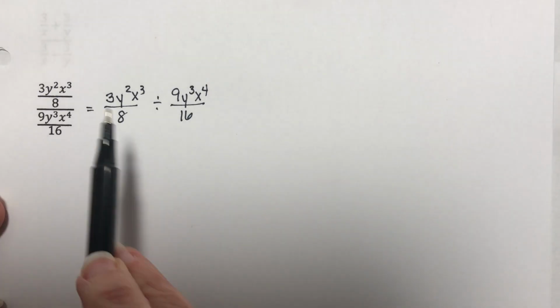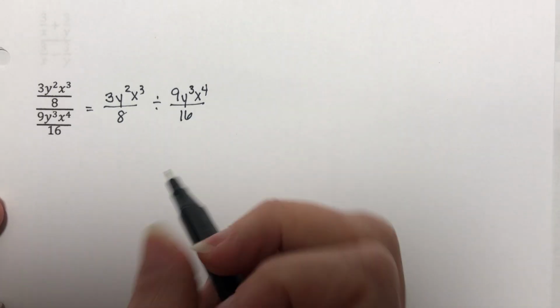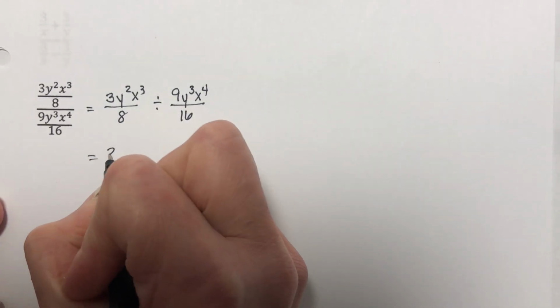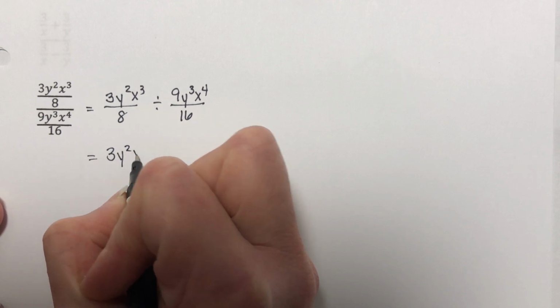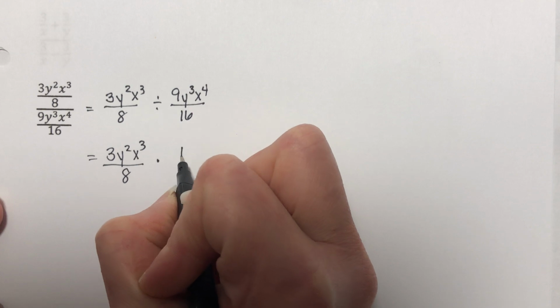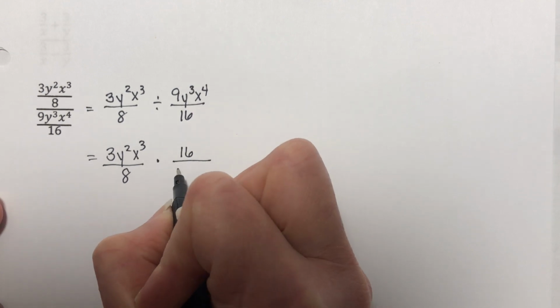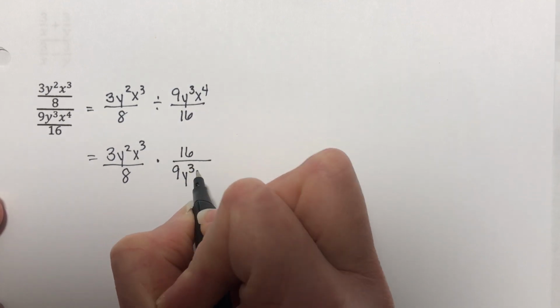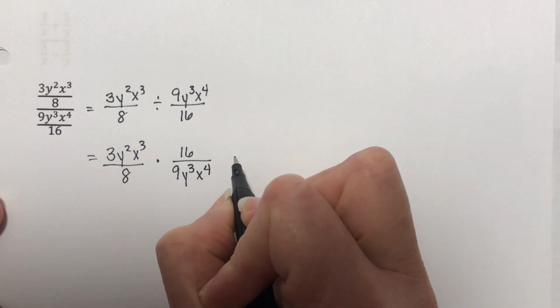All right, now keep it, change it, flip it. This will be 3y squared x cubed over 8 times 16 over 9y cubed x to the 4th.